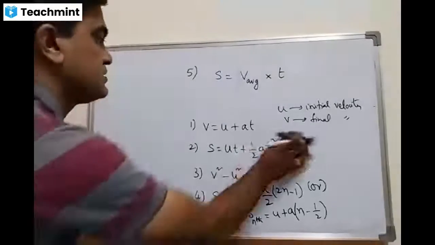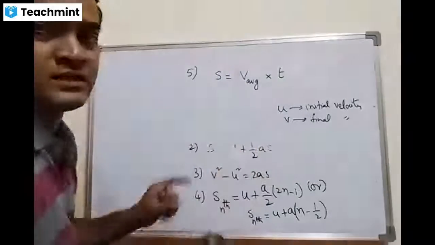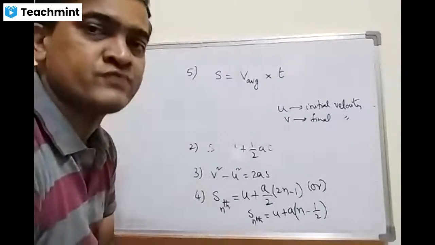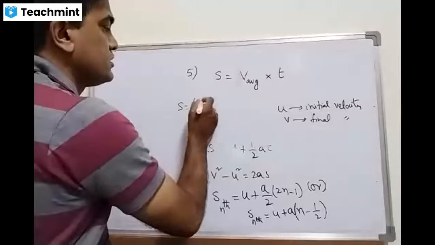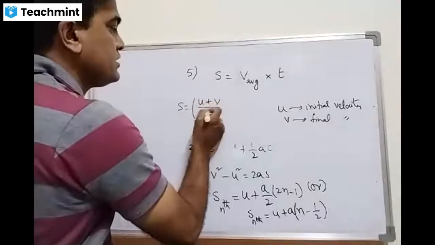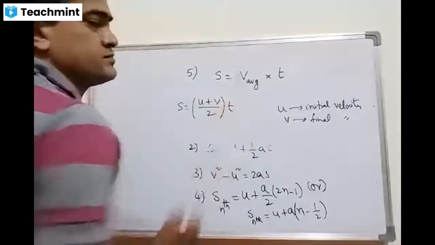We'll derive this, don't worry. But for the time being, remember all 5 formulas. This I can write as S is equal to u plus v by 2 into t.